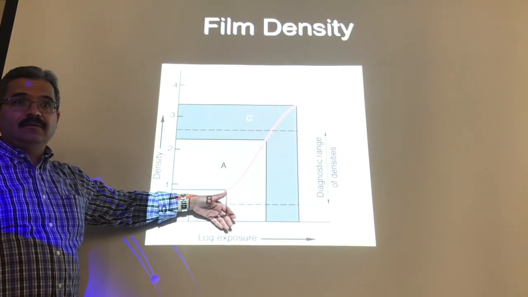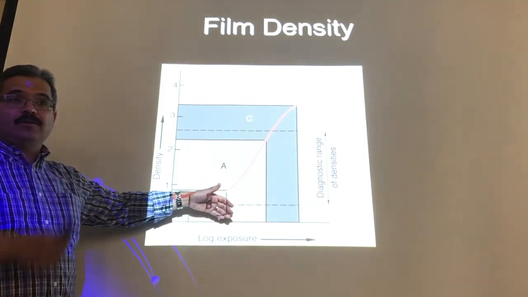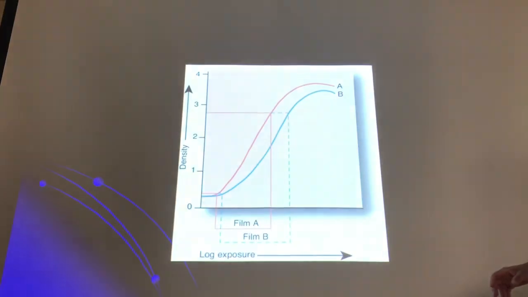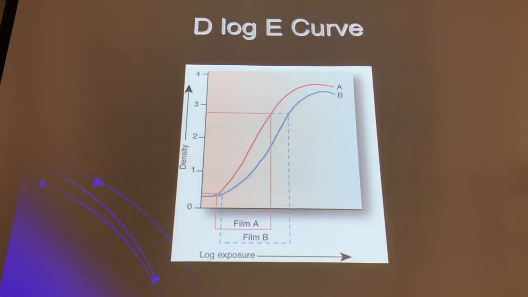Make sense? Yes or no? Okay. Now, why would a hand look dark if you're using, say, 1.6 mAs, but then you can see it's a high contrast hand? It's just an X-ray of the hand.